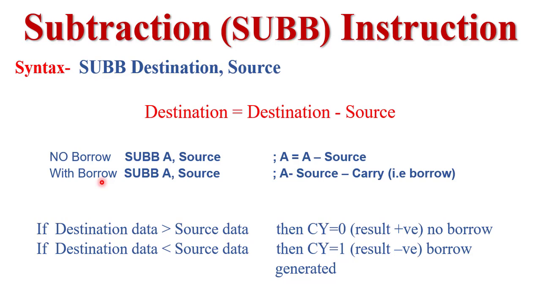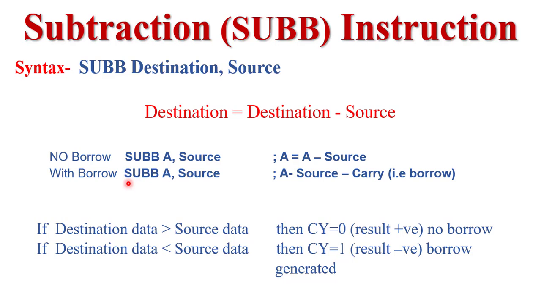The answer is no, there is no borrow flag in the 8051 microcontroller. But in case of subtraction instruction, the carry flag is treated as a borrow flag. So for subtraction with borrow, the syntax is the same as the previous instruction, SUBB A comma source.